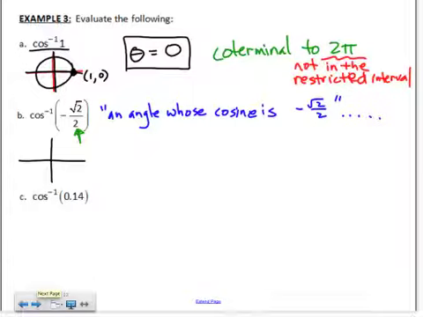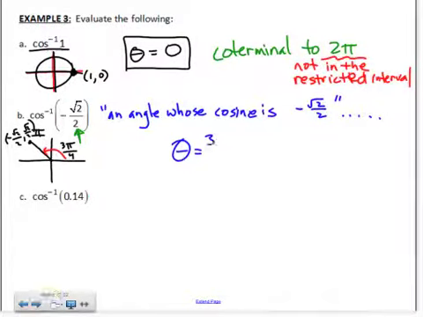So the cosine is negative in quadrant 2. That means my angle is going to be there. This is the point negative square root of 2 over 2, comma square root of 2 over 2, which is this angle, 3 pi over 4. All right, which is between 0 and pi. So that worked. That's good.